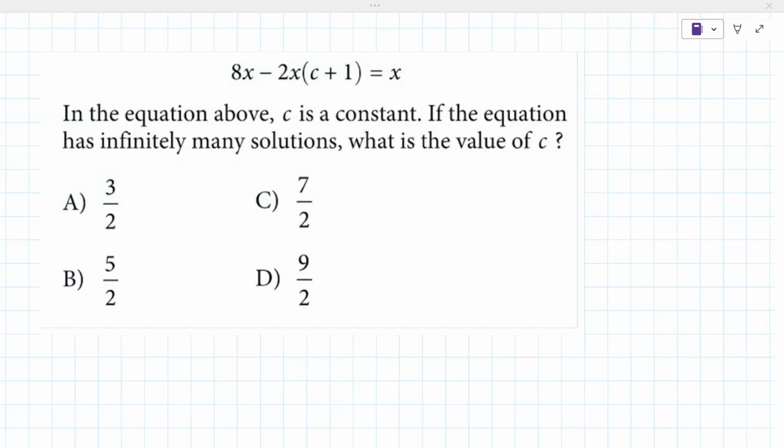Is it C? So about how much time do you think that took? 45 seconds? Yeah, pretty good. You were under a minute. That's always good. Okay. So let's take a look here. So you said 8x minus 2x. Did you try the answers or did you solve this directly?